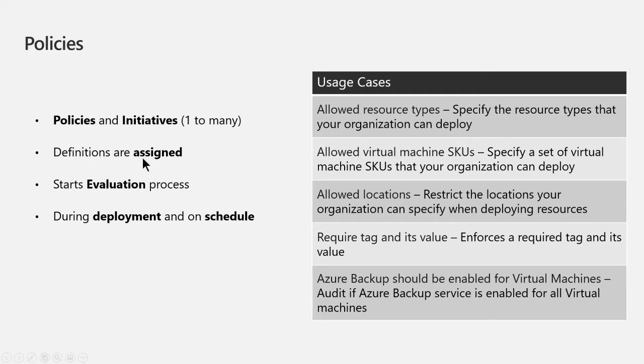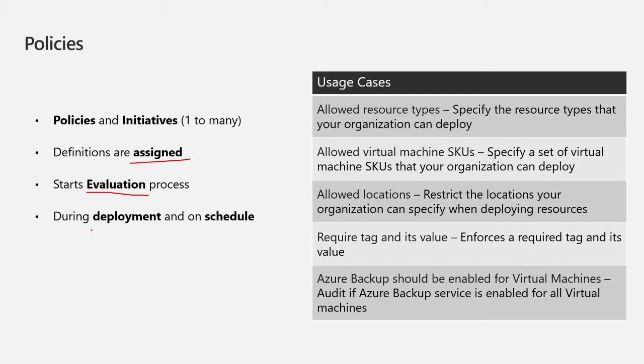These policies are created and assigned, as you can see there. And once they're assigned, they will start the evaluation process and evaluate the scope that they're applied at, and start reporting back on items that are not within scope or not compliant for that matter.